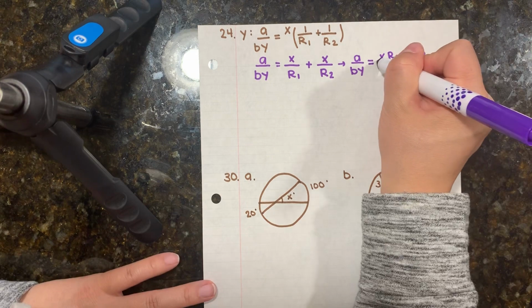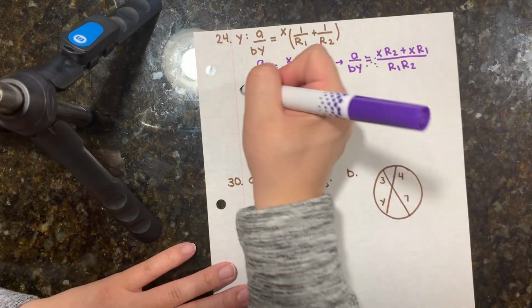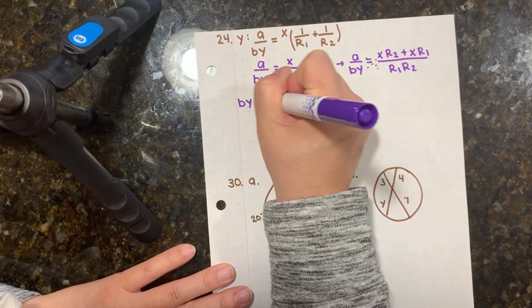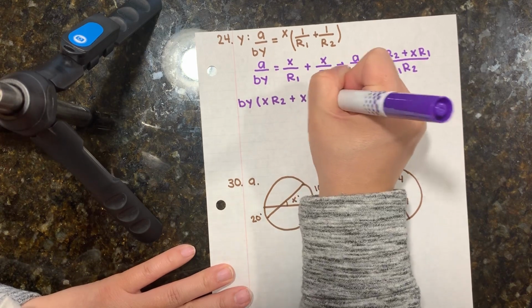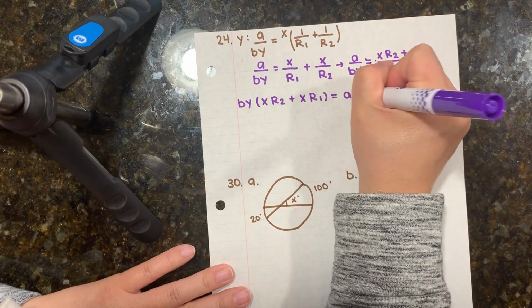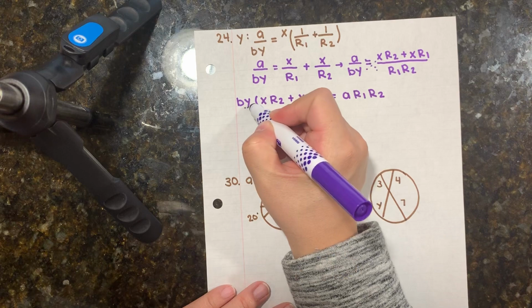Now I'm going to cross multiply. When I cross multiply, I'm going to get by multiplied by the xr2 plus xr1, and that's going to be equal to ar1r2. Now I'm trying to get y by itself.